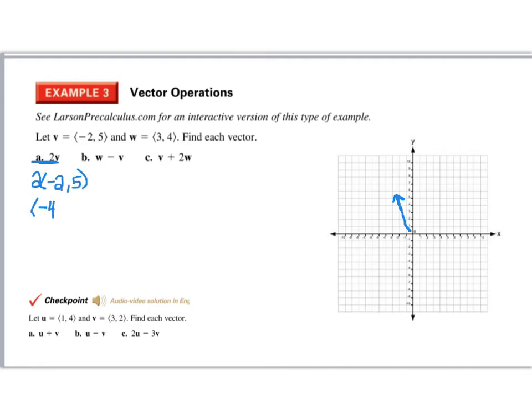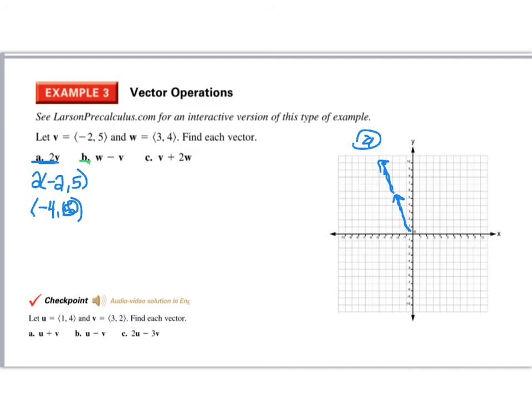So we get <-4, 10>. So it would go from here to here. What it did is extend it to here. So that's A.